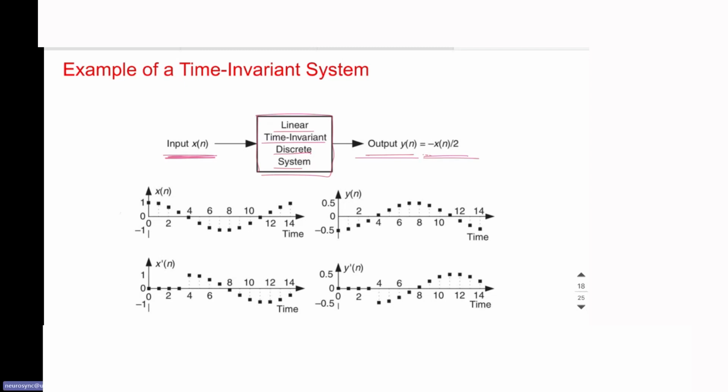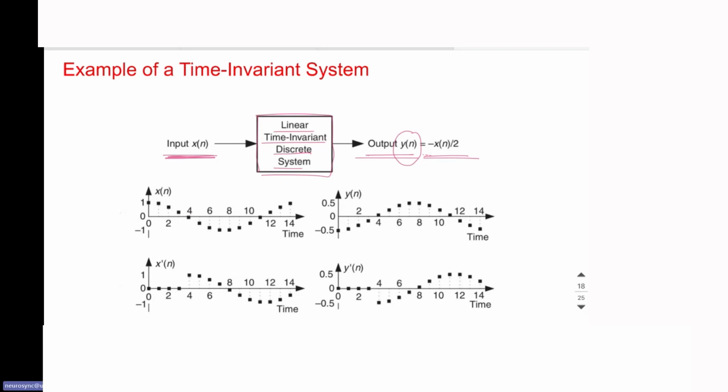So I'm getting output from this system which is the negative of half of the input signal, minus 1 by 2 into the input signal.